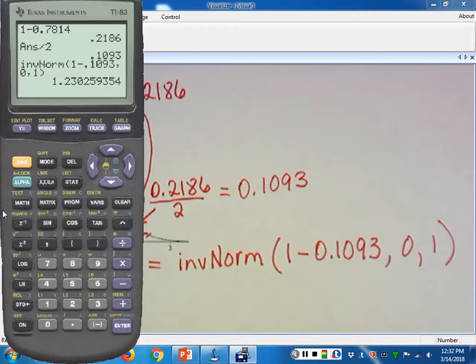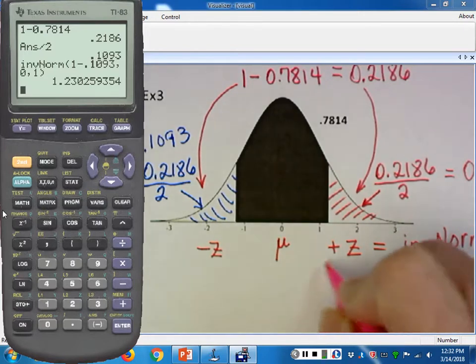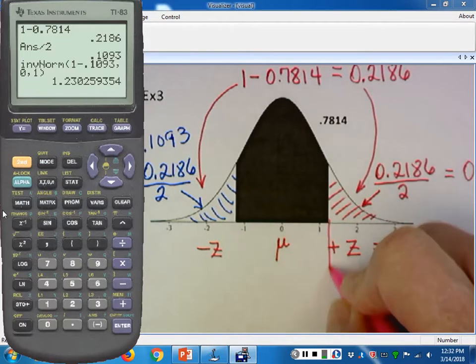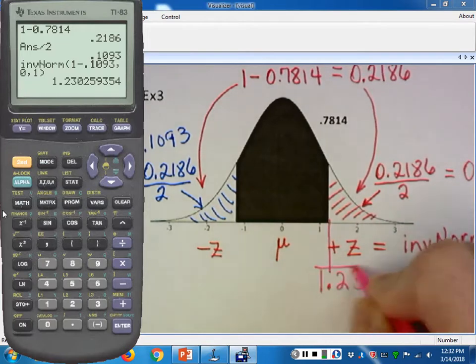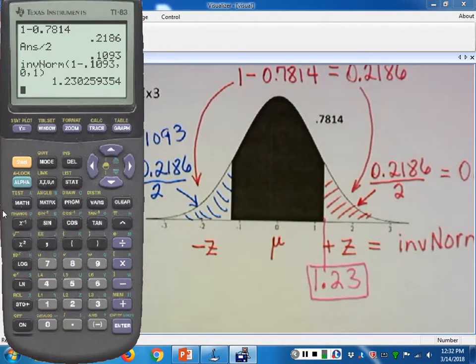And it gives me a positive answer, which makes sense. And it makes even more sense when you look at where Z is, because that positive answer is 1.23. That's your upper boundary, okay?